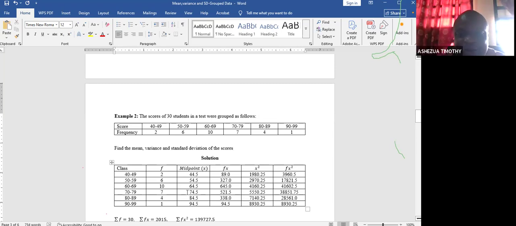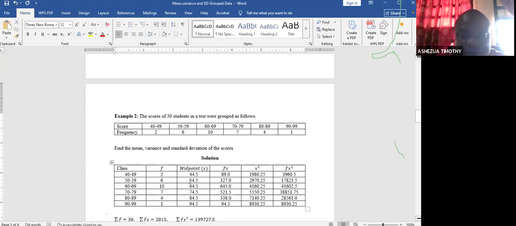Therefore, we are moving ahead straight away to get our midpoint. Finding our midpoint, all you need to do is say 40 plus 49, divided by 2. That will give you 44.5.